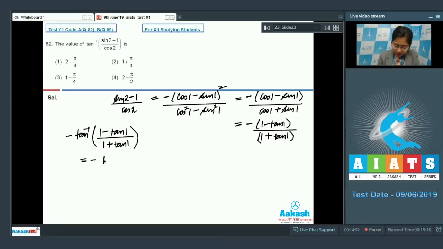This is nothing but the formula of tan of pi by 4 minus 1, right? So this will be equal to minus of pi by 4 minus 1, that is 1 minus pi by 4. From the given options, option number 3 is the correct answer.